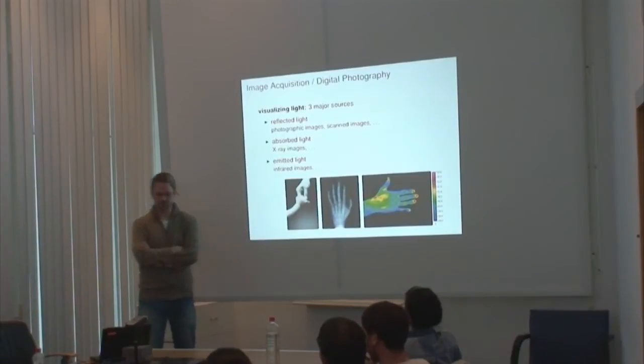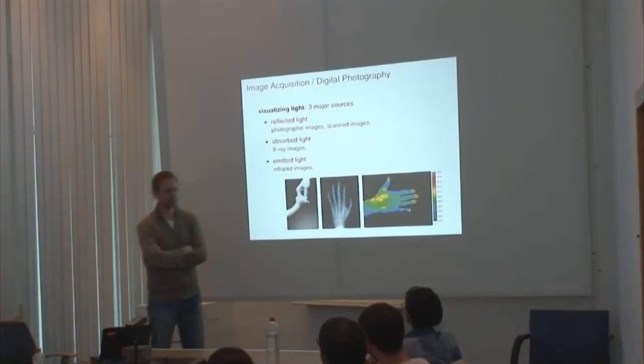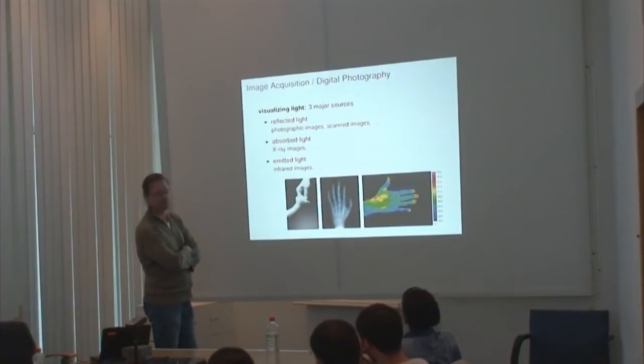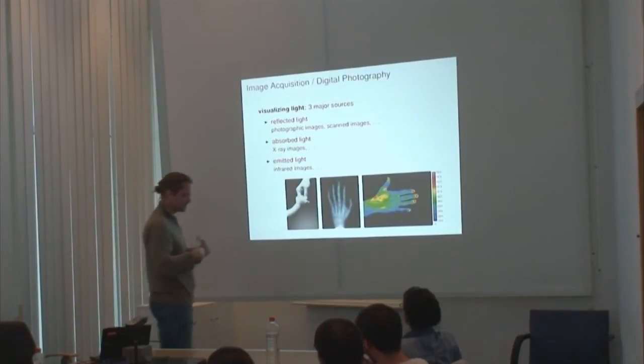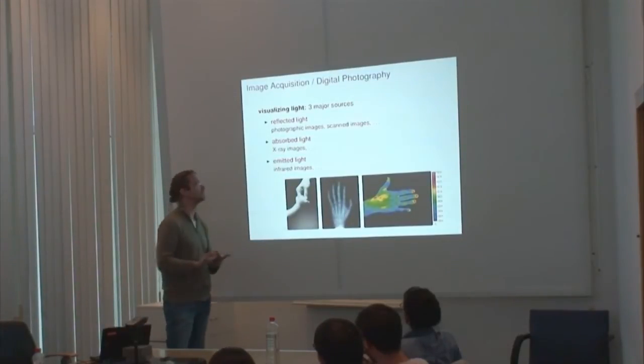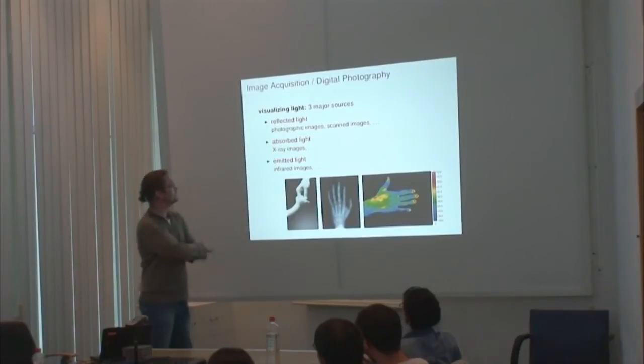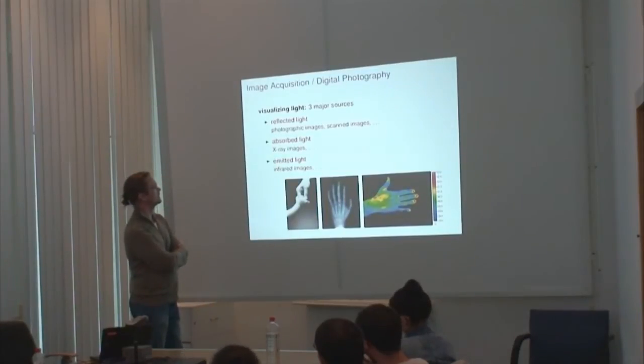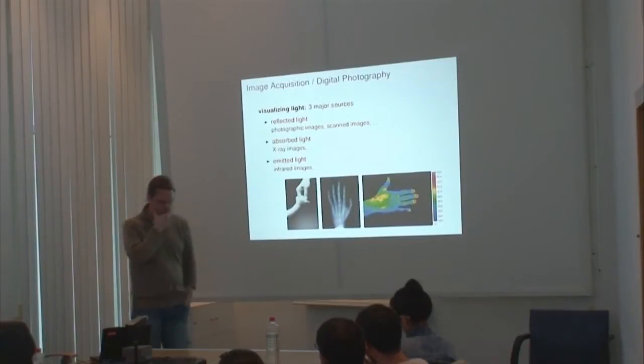How do we visualize it? How do we make it visible? How do we record and store it? There are basically three major principles or sources for technology that records light. First one is reflected light. And then we have absorbed light and emitted light.